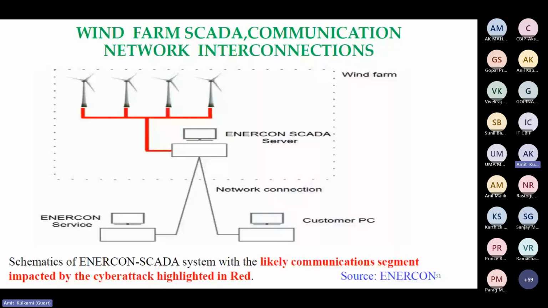The communication portion shown in red is the communication portion affected due to this attack, due to interconnection to the satellite modems during this attack, which is connected further to the SCADA system, the Enercon SCADA server. So from this, you can get an idea as to how the communication system of REs got affected.